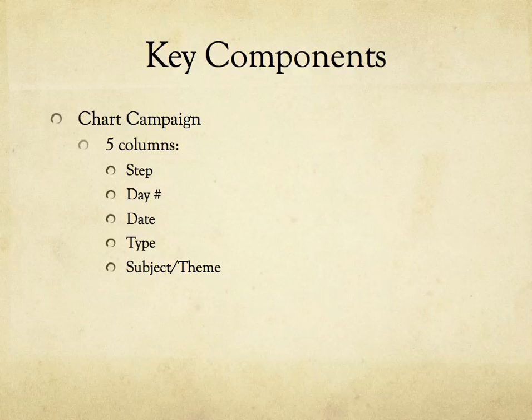And that's the first step and the first day, and the first date is January the 1st. But your second step might not be till 7 days later, which would be day 7 of the campaign, but that date then would be January the 8th. That makes sense? Okay.